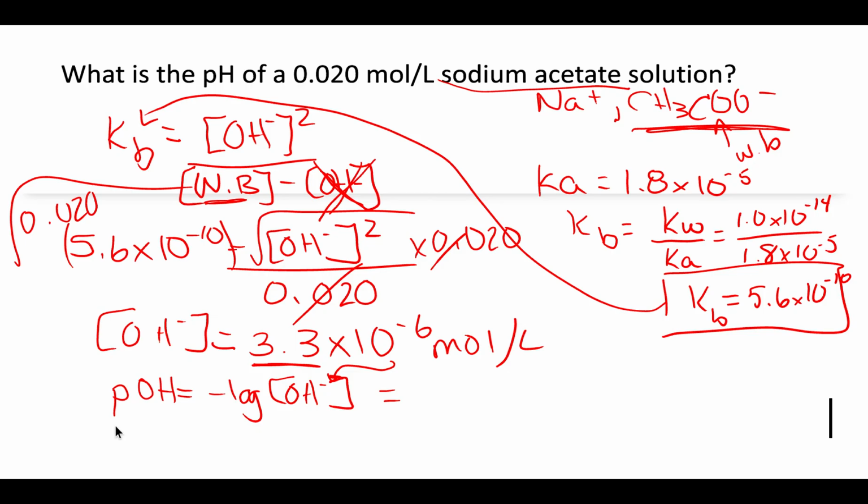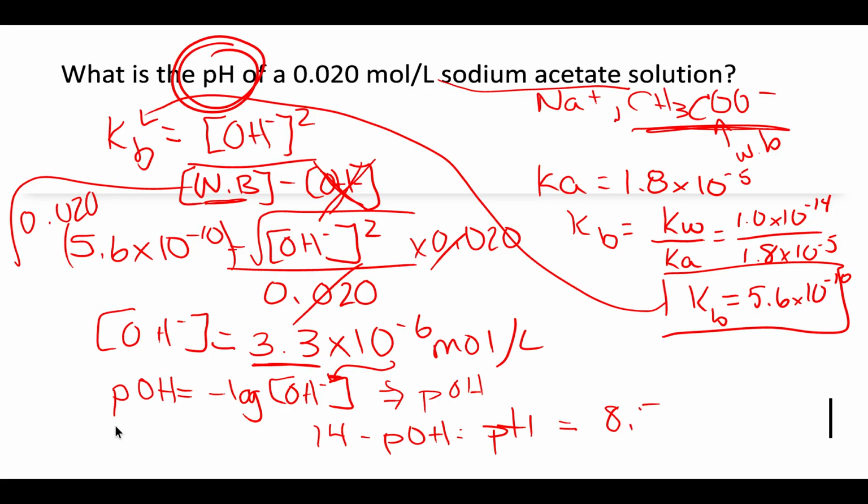Then your very last step, to get pH, is to go 14 minus the pOH, because that's ultimately what the question's asking for. We can't deal with pH until we've done all this work with the bases. Your final answer here should be 8.52. So that's using our equilibrium constants for acids and bases, using those two to three formulas.